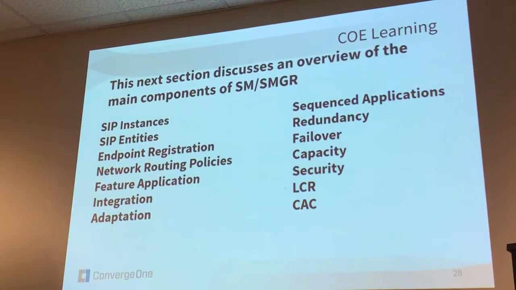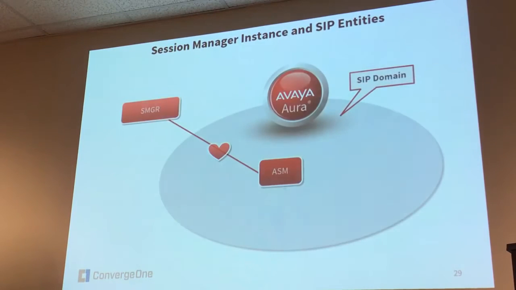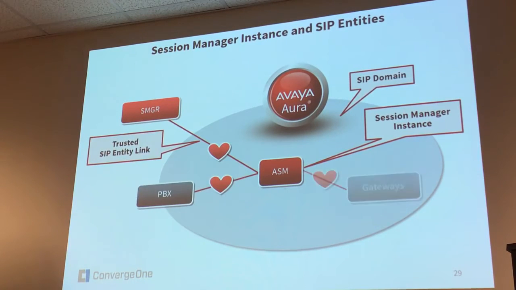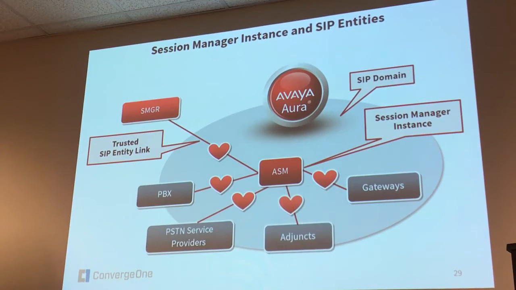Avaya Aura network architecture. So we're going to see in the next sections an overview of some components, and we'll talk about the things that you see here on this slide. Let's see, Session Manager instance and SIP entities. So you could have in release 7 up to 28 Session Manager instances.